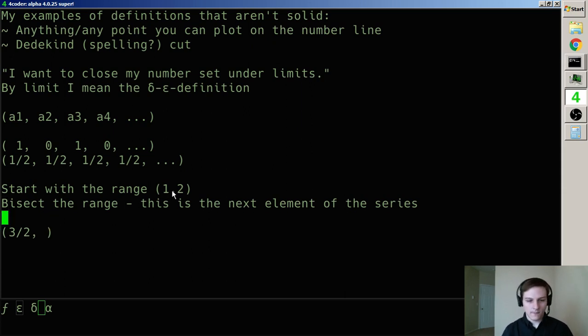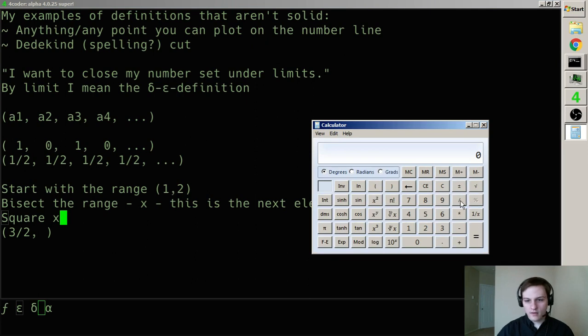So then what do I do? Next I'm going to take that number, call it x, and square x. So I'm going to take 1.5 and square it.